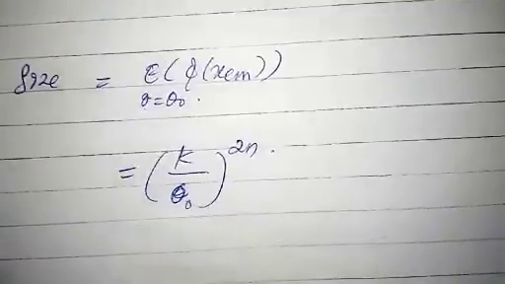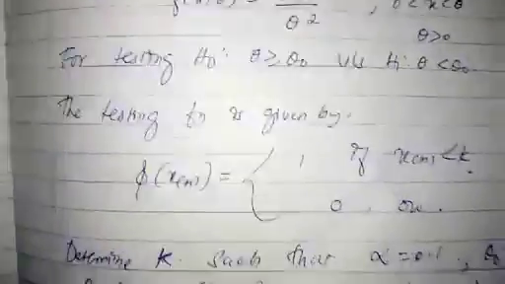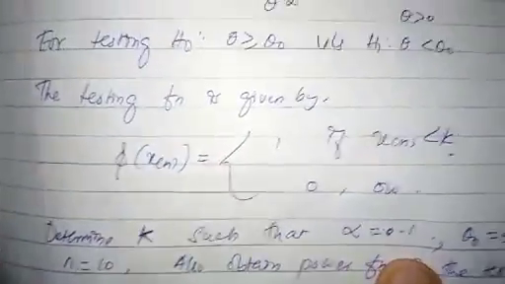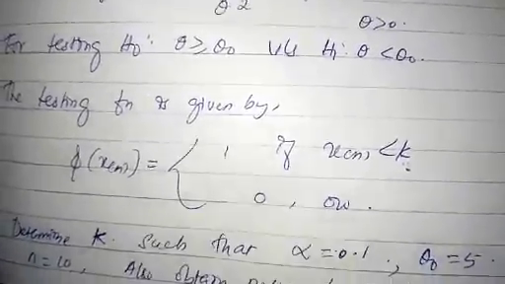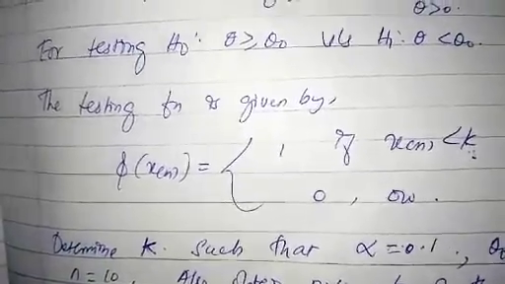So in the question we need to find out: determine k such that alpha is 0.1, theta naught equal to 5 and n equal to 10, right? So we have to determine k.